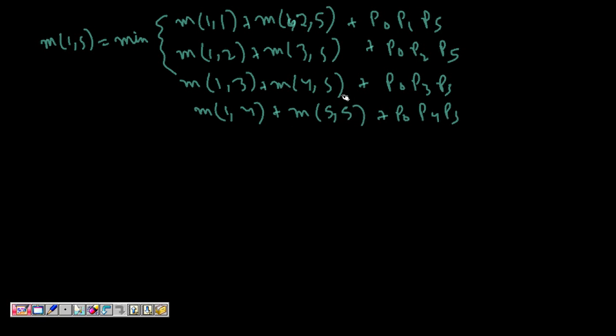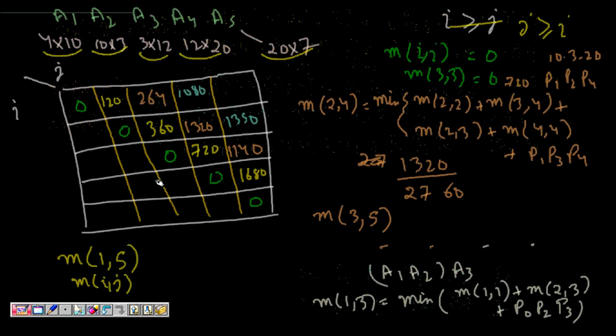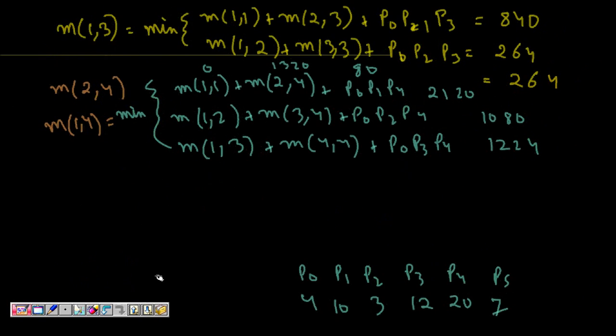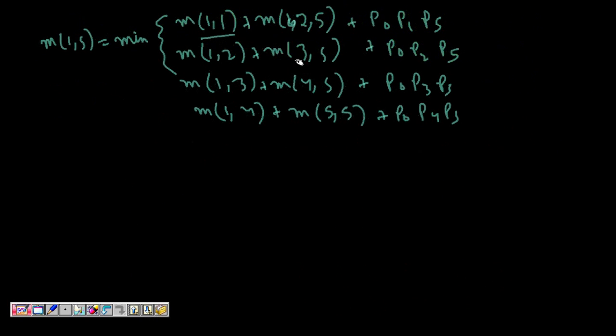M2,5 is known from the table, so we just copy it, and P0, P1, P5 is known, so all these values are known.